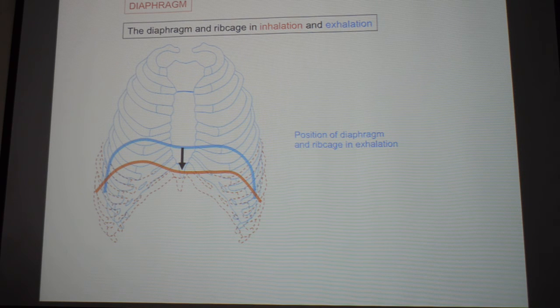Obviously, you can correlate the facts. So now the position of the diaphragm is lower in the rib cage when we are inhaling. This gives us more space, and this is a vertical increase. So the vertical dimension is increased by descent of the diaphragm.